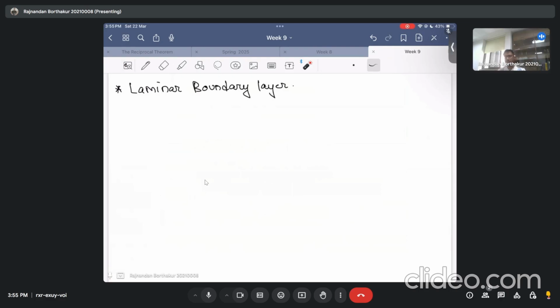We will quickly brush up on the theory behind the hydrodynamic boundary layer, and then look at a problem that involves this analysis of boundary layer. It's a simple problem, but we will solve it here, and that's the agenda for today's discussion.